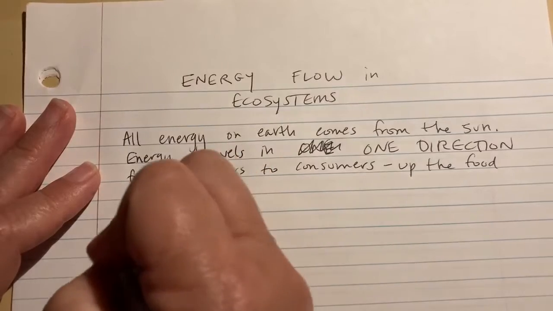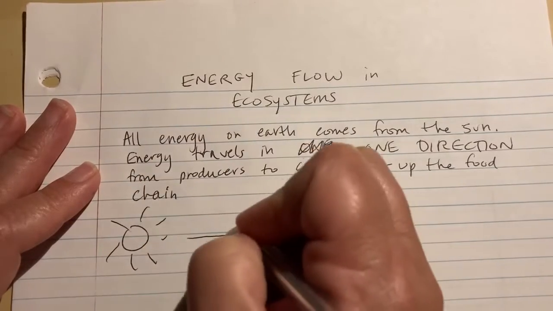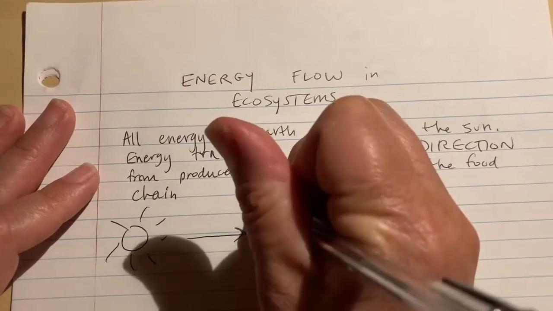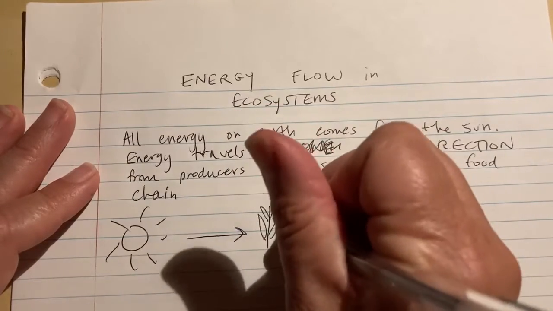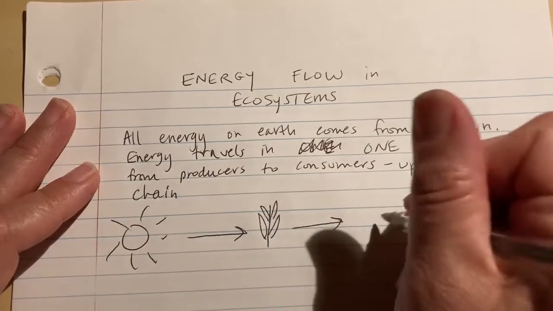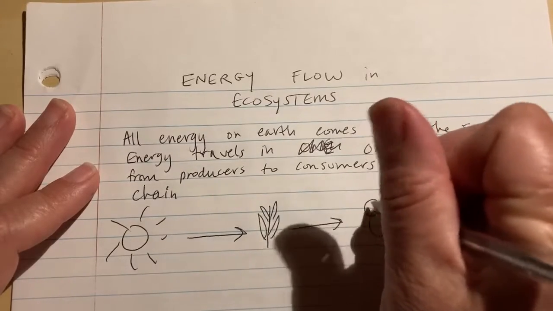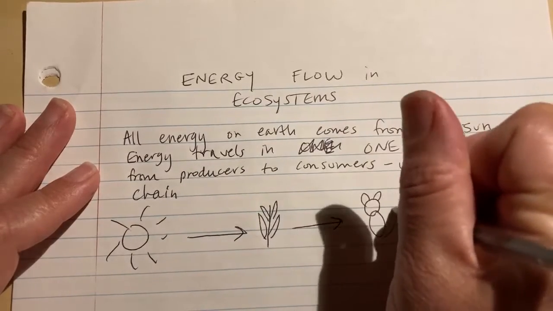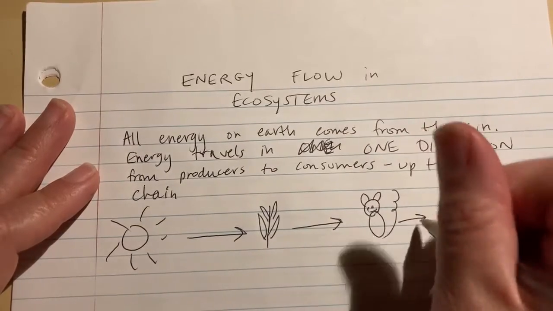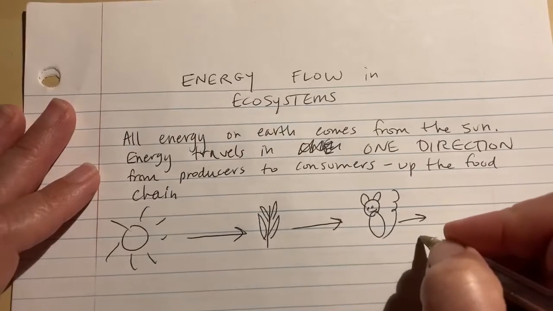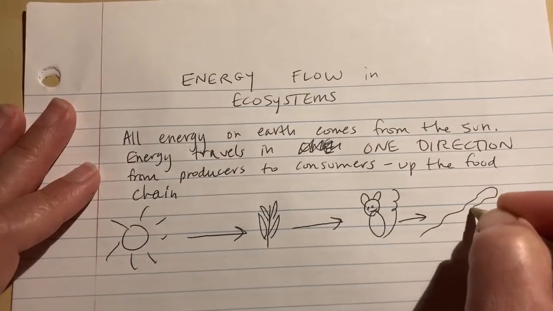So we could draw a picture of that. We have our sun. The energy goes to a producer like a plant. Right? Then to a consumer like a mouse. You guys know my ugly little mouse pictures by now. Okay, and then up the food chain to, for example, a snake. This is my favorite example.